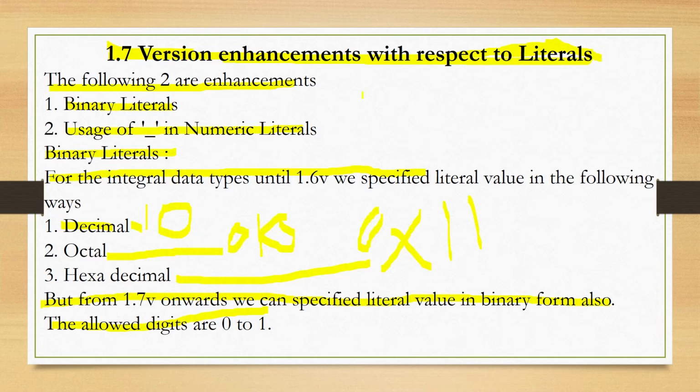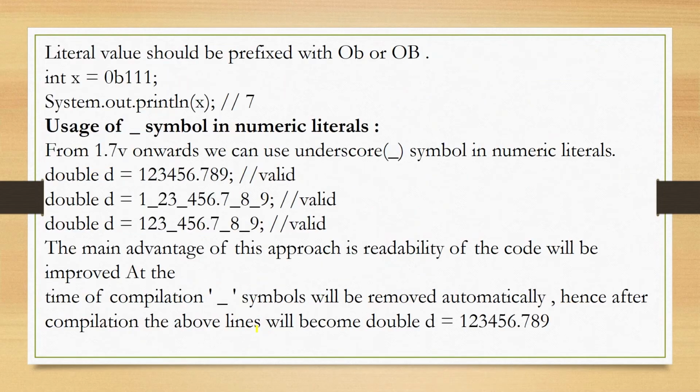Binary literals are represented in the form of zeros and ones, so they contain only zeros and ones. When we want to specify binary literals, we should use 0b or 0B, where the b is either lowercase or uppercase.